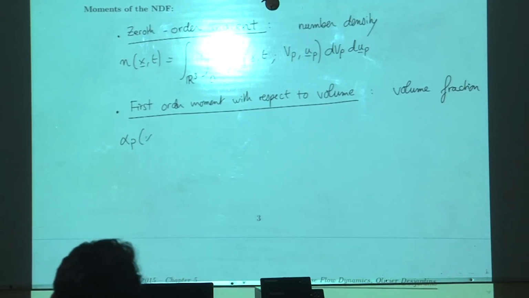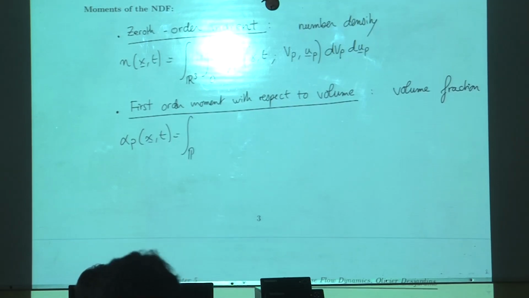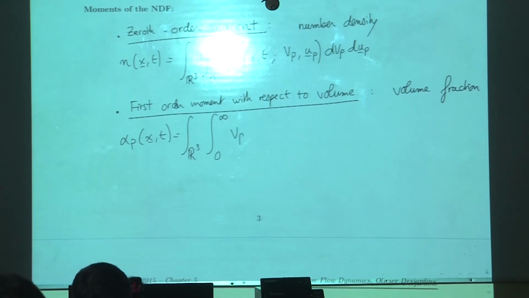So what we called alpha p earlier will be the integral over the full space of possible velocities, which is R cubed, and then all possible volumes going from 0 to plus infinity of the volume times the probability of having at that position at that time a particle of that volume and that velocity.